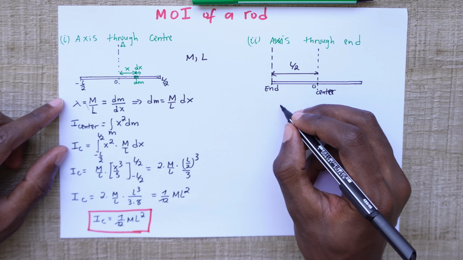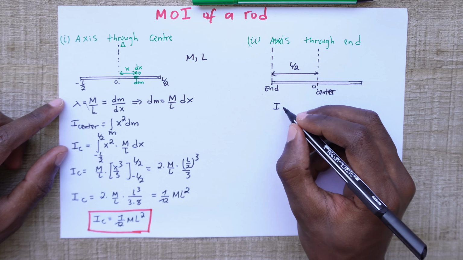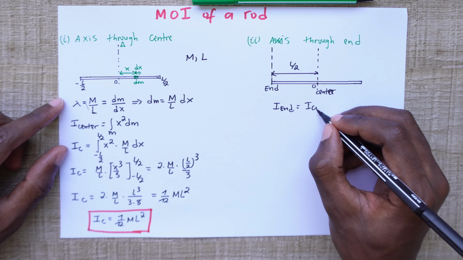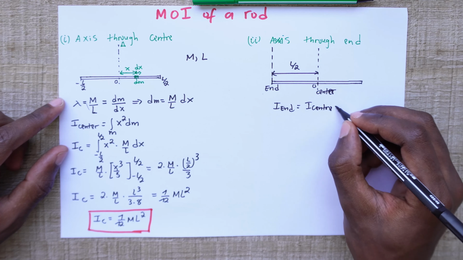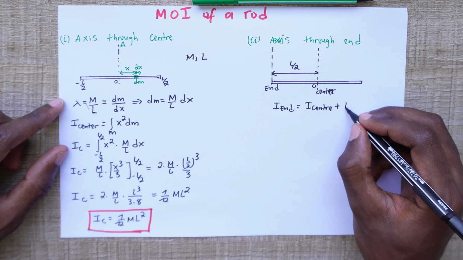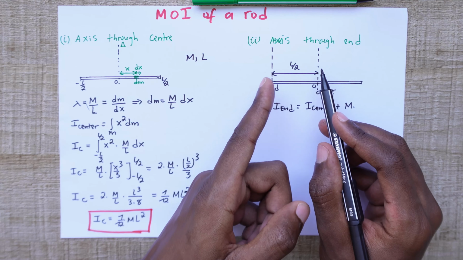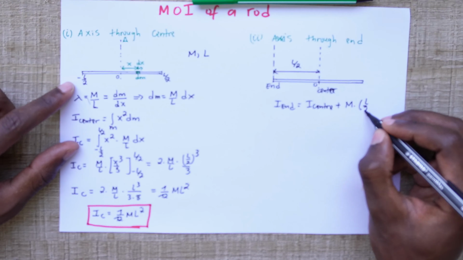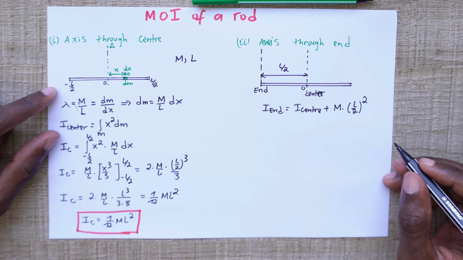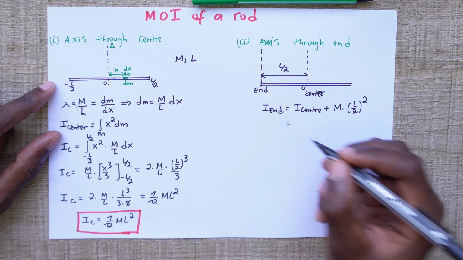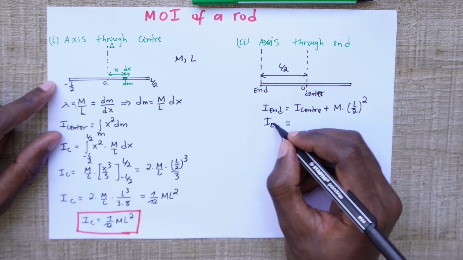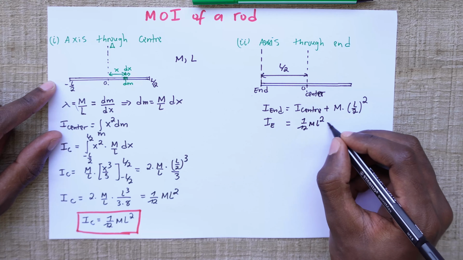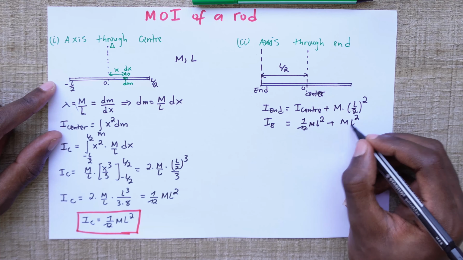So let's say you have I end, it's going to be equal to I center plus the mass of the rod times the distance between the two axes squared. So that's L over 2 squared. This is just going to be 1 over 12 ML squared plus M times L squared over 4.